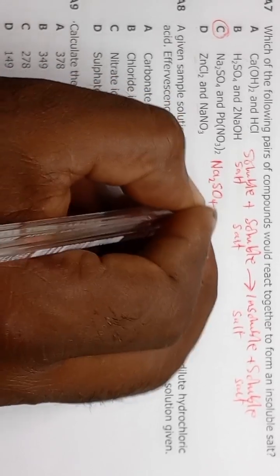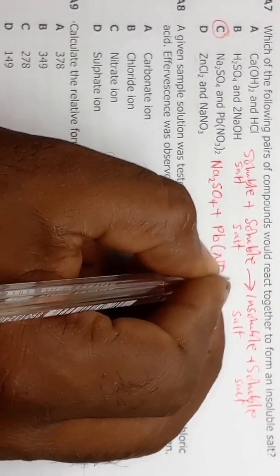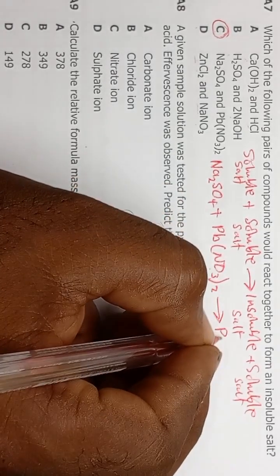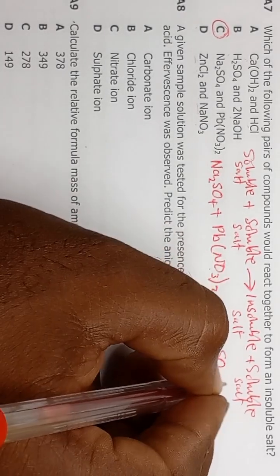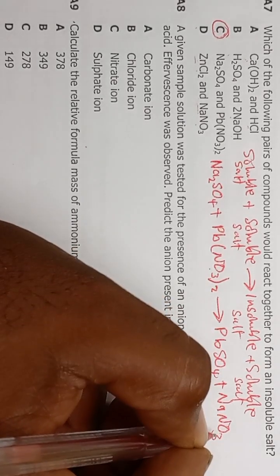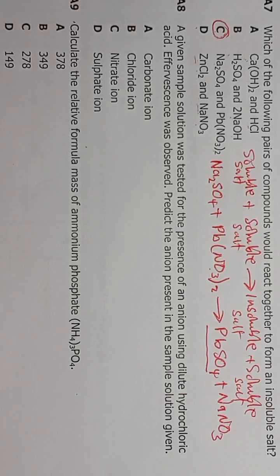In this case, we have sodium sulfate, which is a soluble salt, plus lead(II) nitrate, which is a soluble salt. We are going to have lead(II) sulfate, which is an insoluble salt, plus sodium nitrate, which is a soluble salt. So this method, we call it the precipitation method.